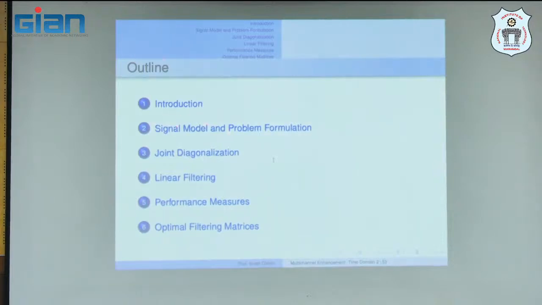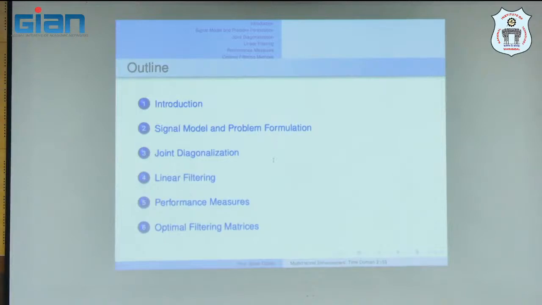So we will talk about the signal model, formulate the problem, then we will talk about some mathematical tool, which is called joint diagonalization, or something similar. Sometimes we call it generalized eigenvectors and generalized eigenvalues. So a generalized eigenvalue decomposition.